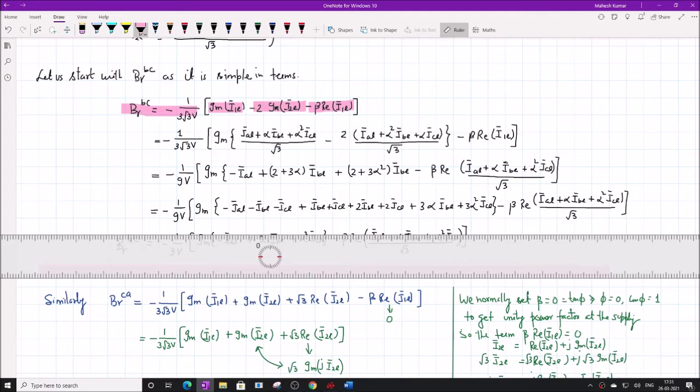So I1L is IAL plus alpha IBL plus alpha square ICL by root 3, minus twice imaginary of I2L, which is alpha IAL plus alpha square IBL plus alpha ICL divided by root 3. And then this is the same. We do not get any simplified better version of this term, so we will keep it as such. Minus b beta, IAL plus alpha IBL plus alpha square ICL by root 3b. So this remains the same.